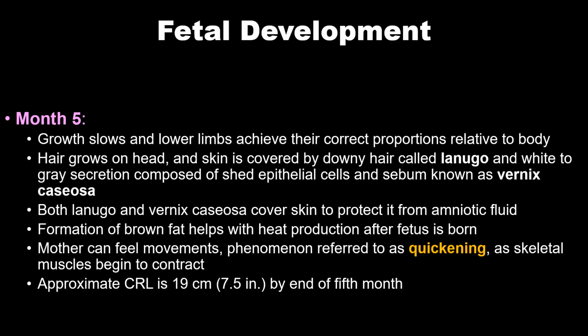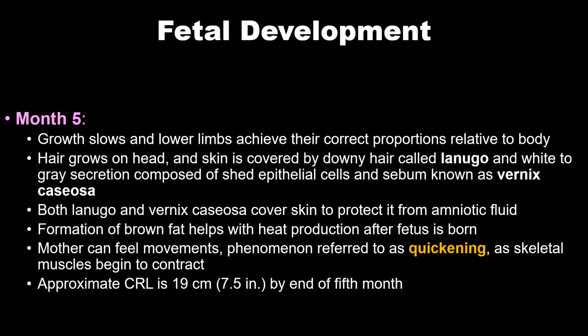In month 5, growth will actually slow as lower limbs achieve their correct proportions. Hair grows on the head, and the skin is covered by downy hair called lanugo, and a whitish-grayish secretion composed of shed epithelial cells and sebum called vernix caseosa is also present.